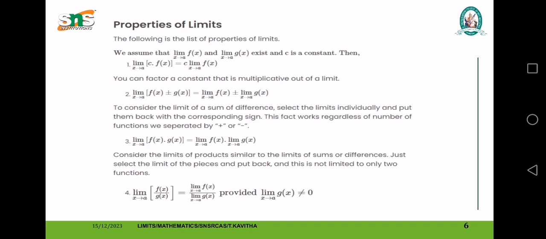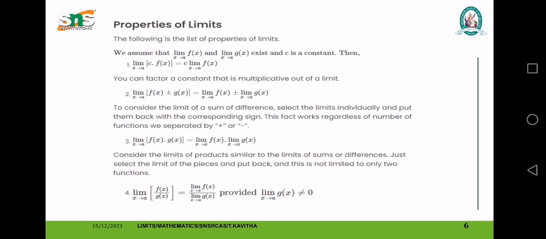Third one, product rule. Limit x tends to a f of x into g of x is equal to limit x tends to a f of x into limit x tends to a g of x. Consider the limits of products similar to the limits of sums or differences.